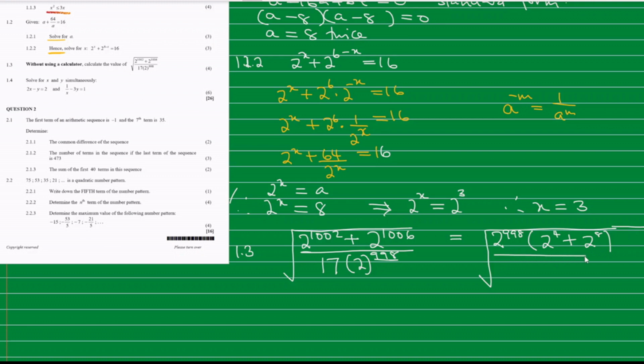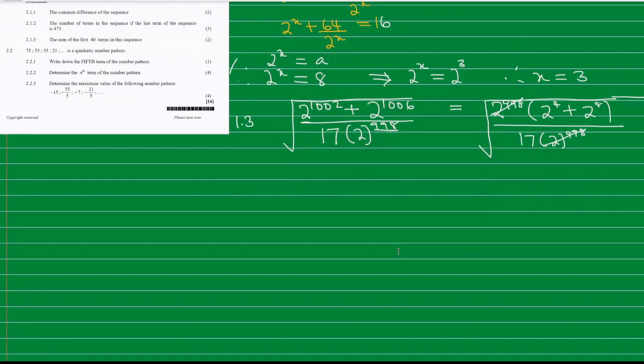Then we divide that by 17 into 2 to the power 998. Okay, so this 998 can now divide and cancel out. So let me write the answer here.